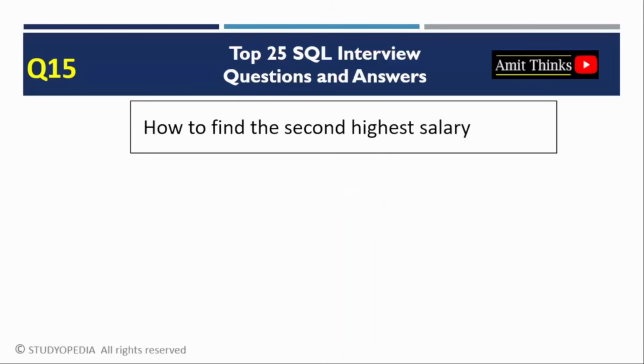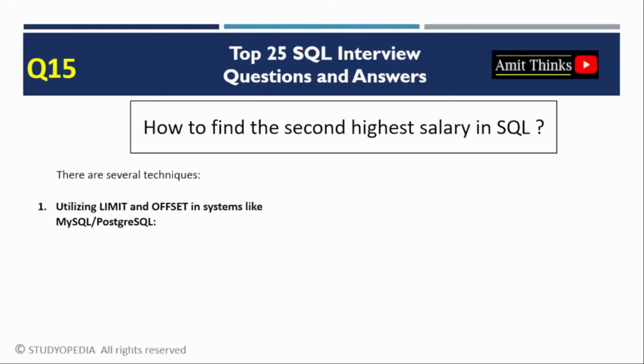Next question, how to find the second highest salary in SQL? So this is one of the most common interview questions. It has multiple approaches. We can use limit and offset in systems like MySQL or PostgreSQL. Both of these are SQL based databases.